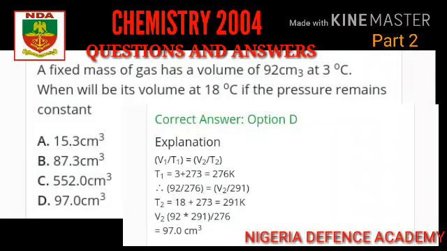So the final volume is 92 times 291 divided by 276, which gives 97.0 cm³. That's to say that option D is the right answer.